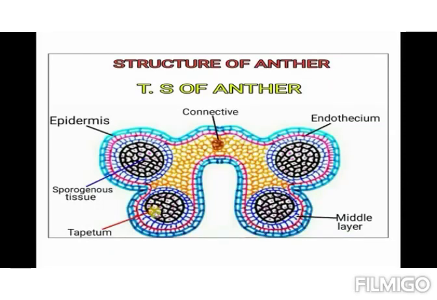See here, they are a little bit bigger in size, and each cell is pyramidal in shape, with many nuclei or only one nucleus. In the tapetum there can be one nucleus or many nuclei, so it is uninucleated or multinucleated.